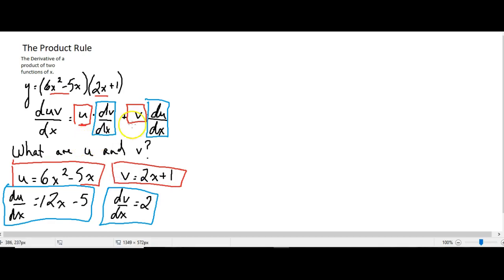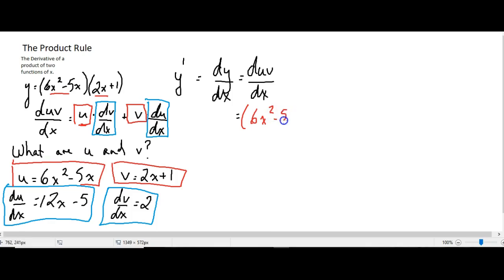Okay, let's now write the derivative of this function y. So that can be named in different ways. We can call it dy/dx, knowing that y is equal to the product of two functions u and v, so that's actually d(uv)/dx. We also know that sometimes we call this y prime, so it has different names, but it's all to create the same thing. So this will be, the first part is u, so we need the function u, 6x squared minus 5x.